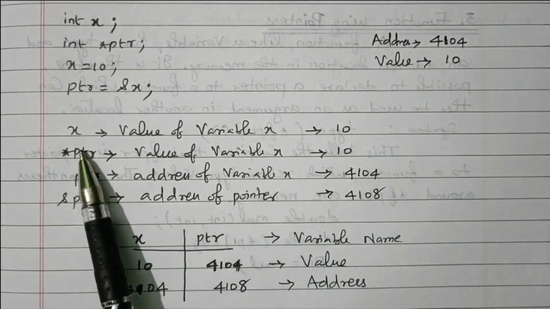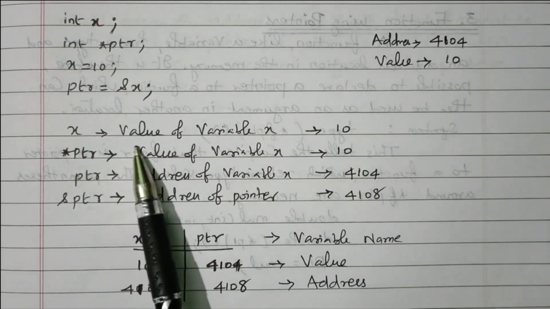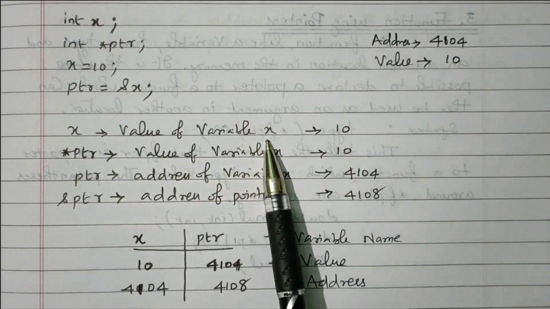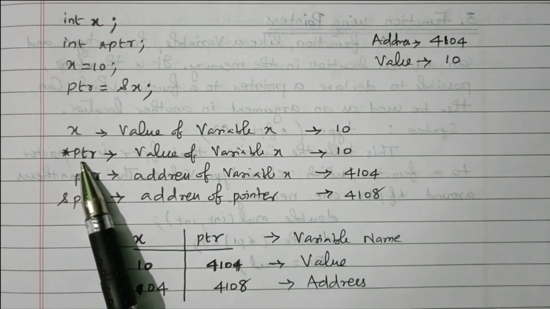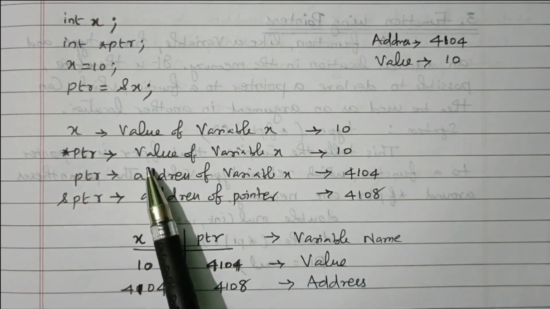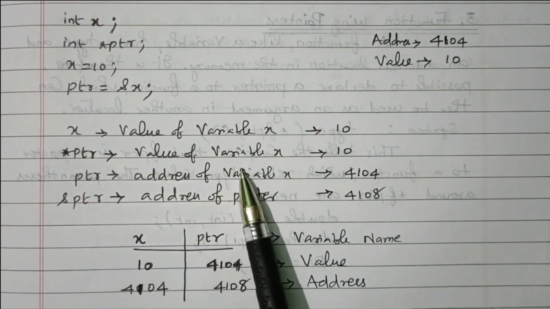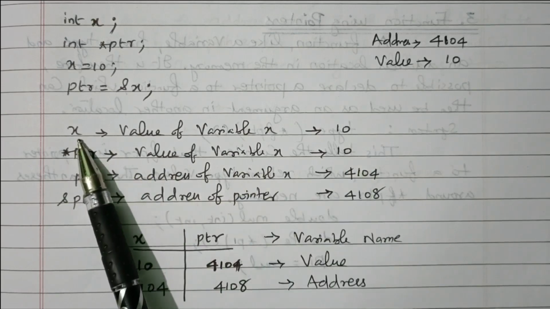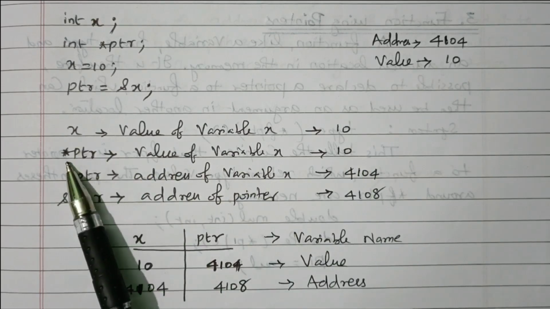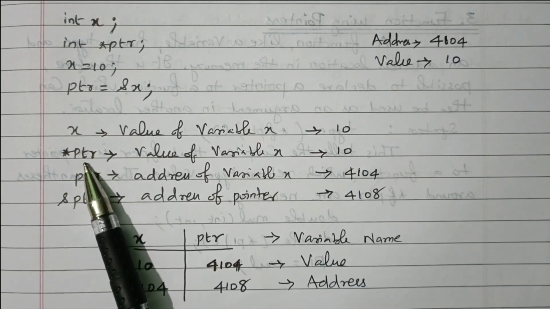Now we'll see. If we refer x, the value of x will be given. If you refer x in the program, it will return the value of x, 10. If you refer *ptr, that also will give the value of the variable x. 10 will be written, right? x will give the value of x. *ptr also will give the value of x.